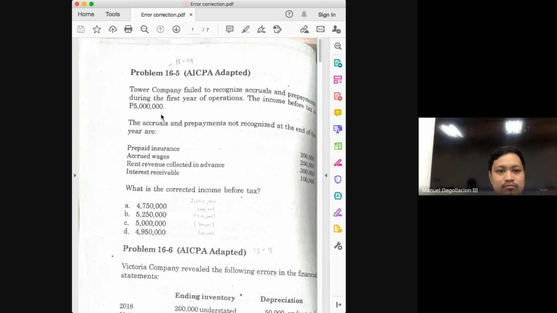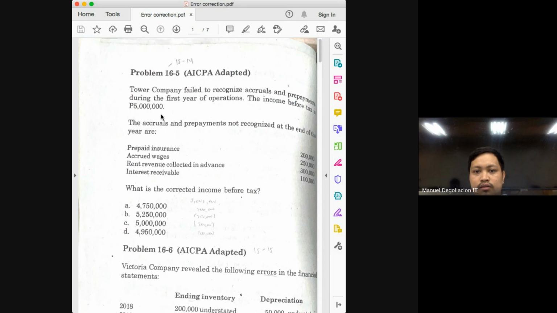Next, interest receivable. We failed to recognize interest receivable, so this would be failure for us to record interest income. Okay, interest income, the entry there should have been debit, interest receivable, and credit, interest income.